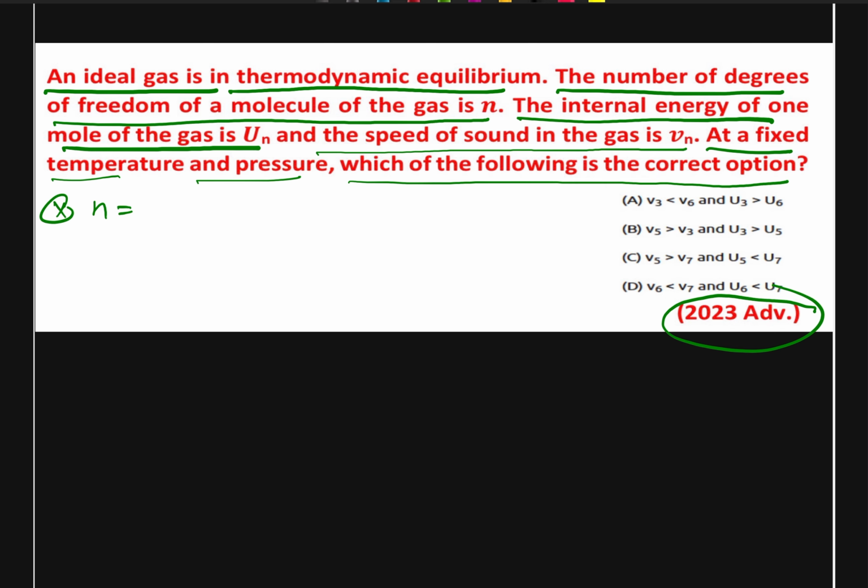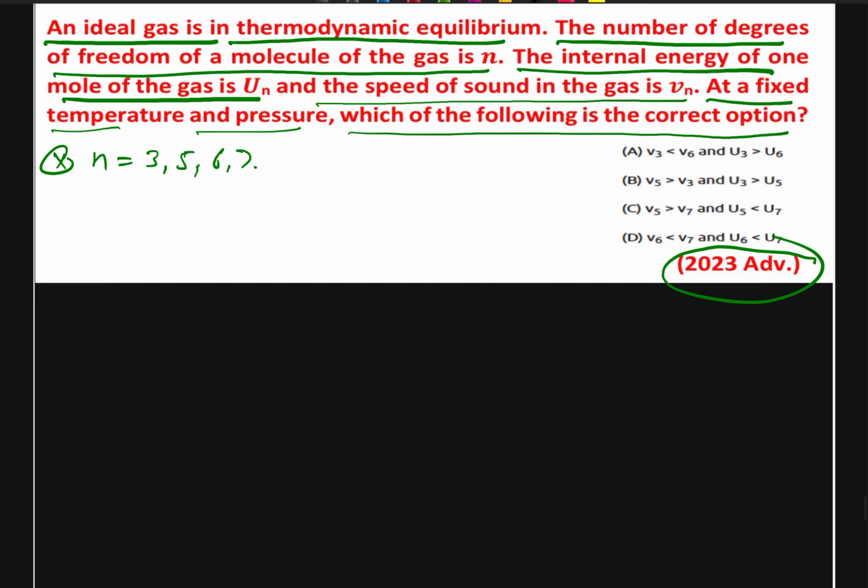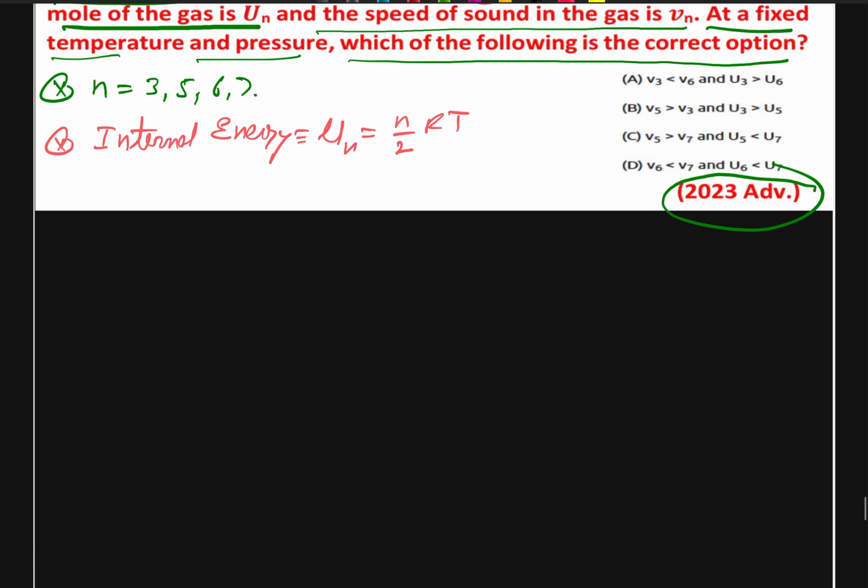And as per the options, the value of n is 3, 5, 6 and 7. So these are the various values of n that are given in the option. So we know that our internal energy, let us call this U_n, is equal to n upon 2 times RT. And we have to remember here n is the degree of freedom.